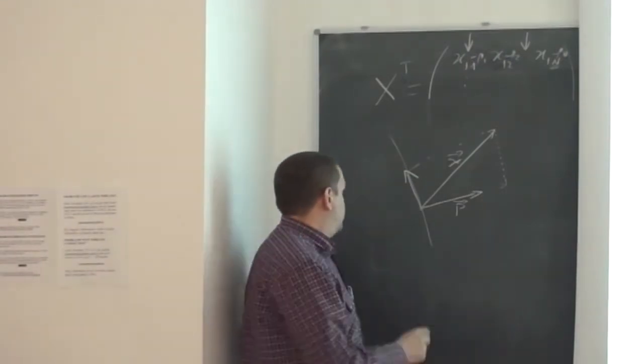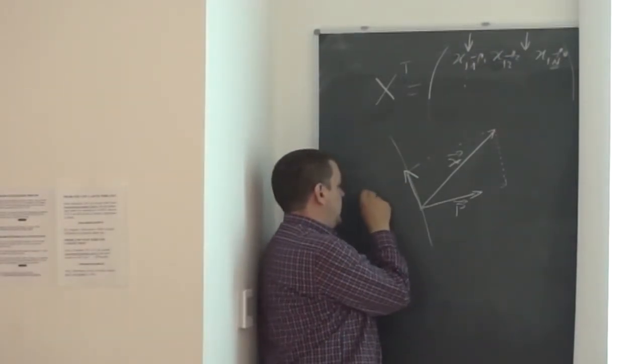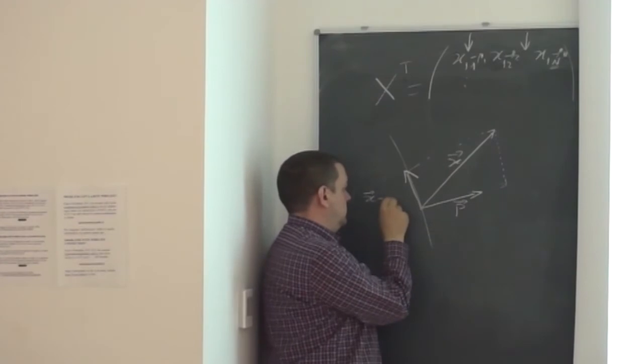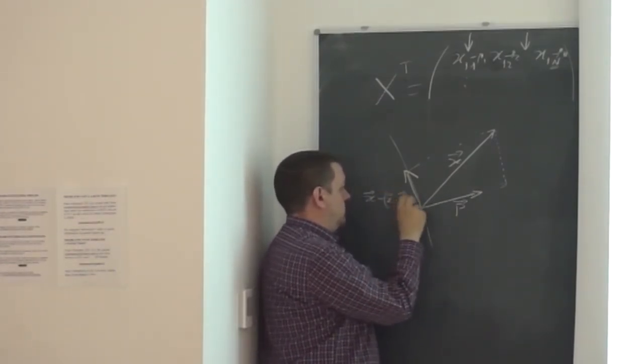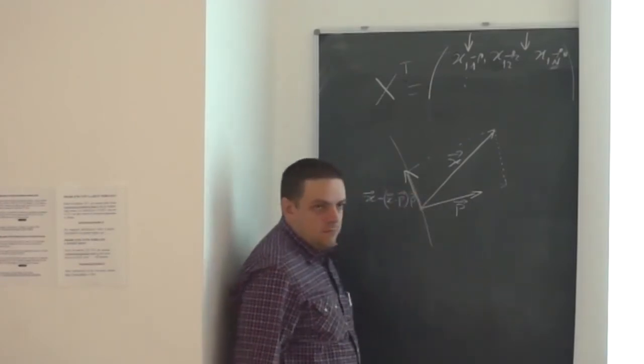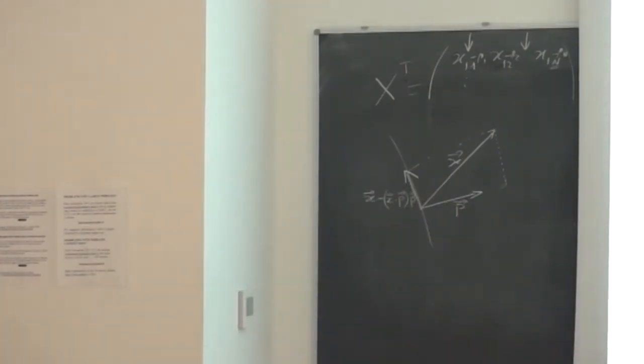The perpendicular direction is precisely x minus x scalar p times p, which is what I'm doing here. Okay, everything has been done in place, so at the end xt will contain the new data set with one dimension removed.